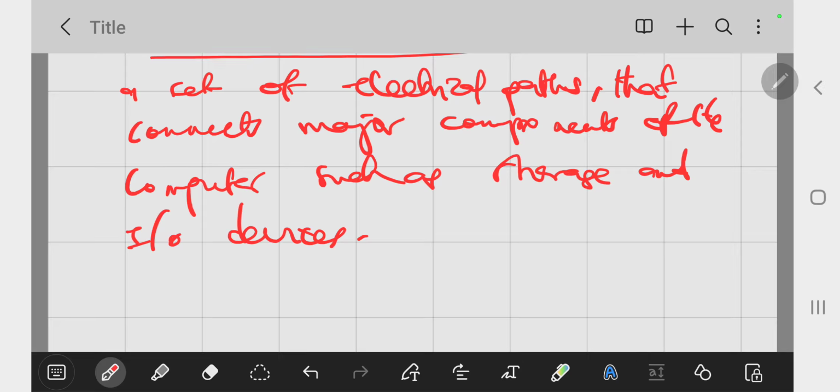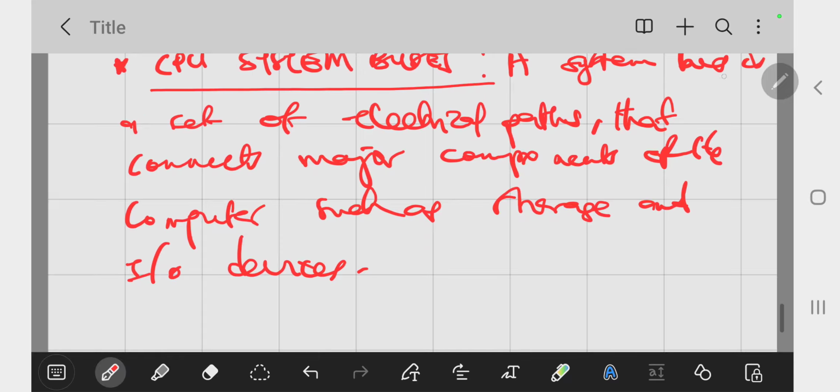So basically this is what a CPU system bus is.